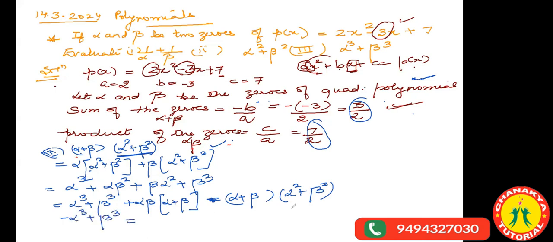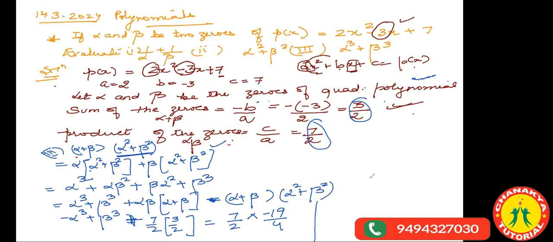Minus 19 by 4. Okay. Now, the product of the zeros was 7 by 2, I guess. Or 3 by 2. 7 by 2 into 3 by 2, right? Is equal to alpha plus beta, 7 by 2, and this is minus 19 by 4.